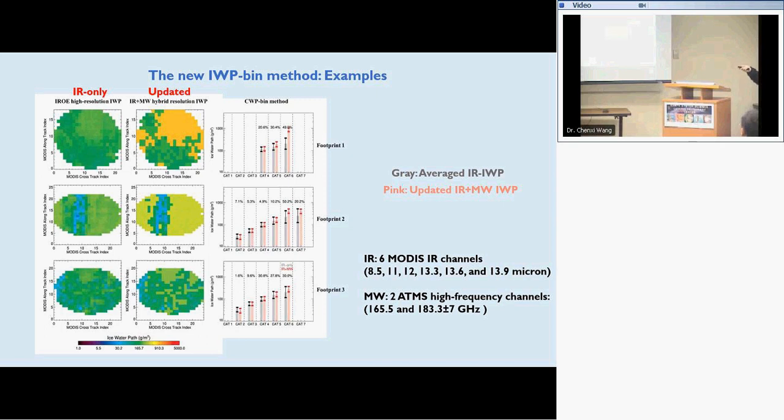So for cloud pixels with very small ice water path, even if you have updates, there's no difference between the two. But when you have category 6 and category 7, ice water path is large enough, the infrared started to saturate. So it is microwave dominant. So you can have a huge difference from before the updates.